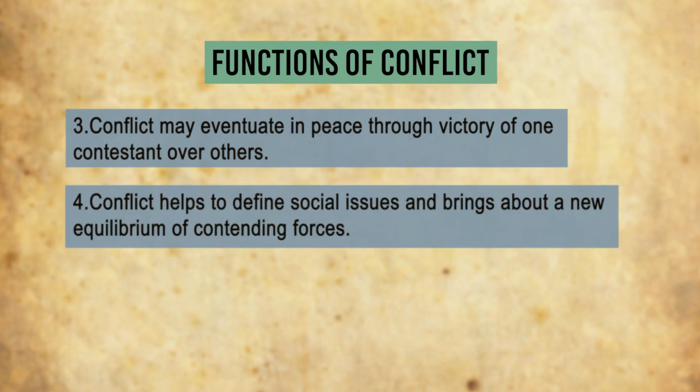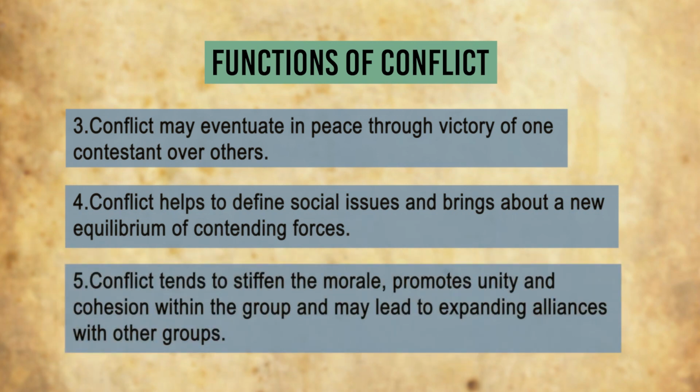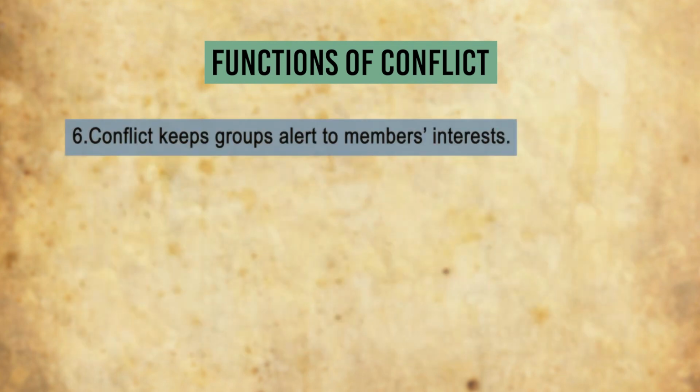Conflict helps to define social issues and brings about a new equilibrium of contending forces. Conflict tends to stiffen the morale, promotes unity and cohesion within the group, and may lead to expanding alliances with other groups. Conflict keeps groups alert to members' interests.